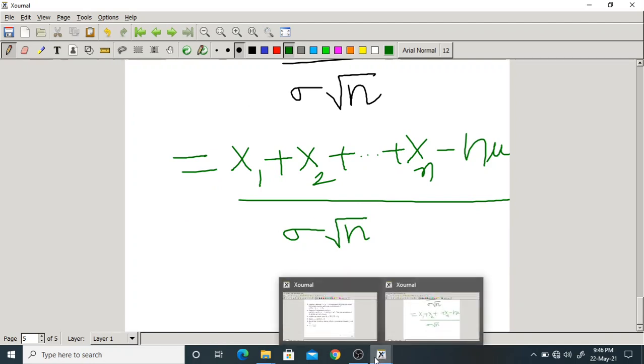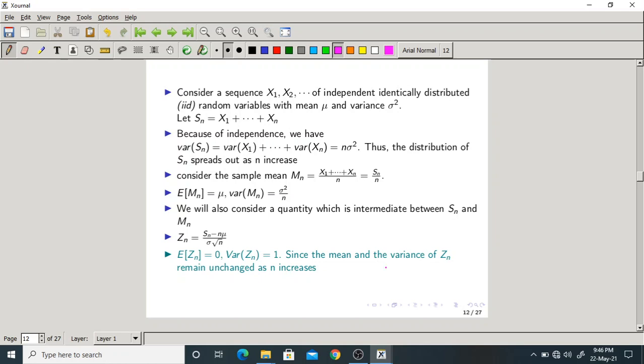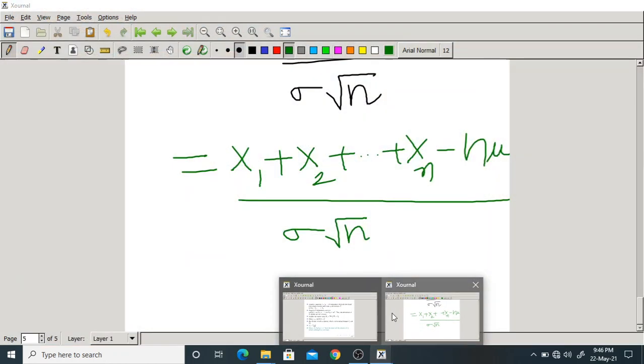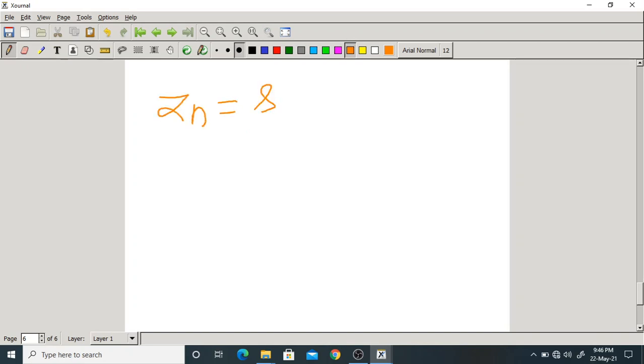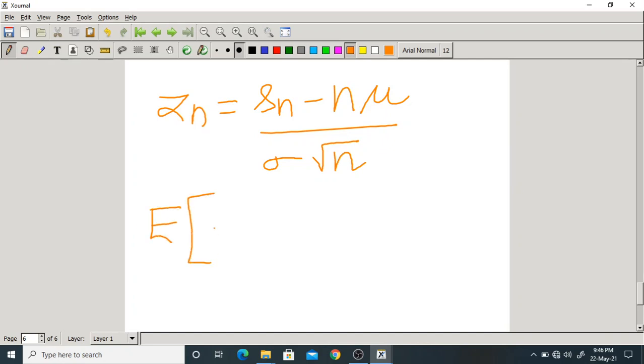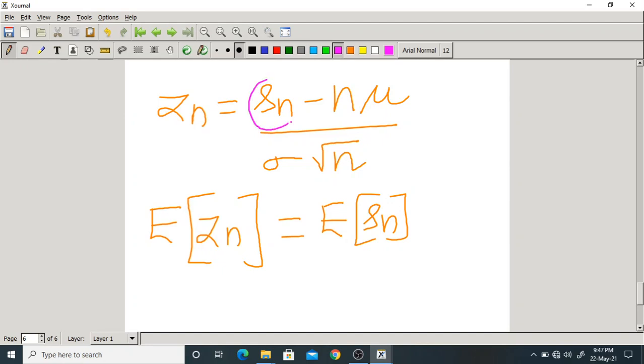Now, what is the importance of this quantity? Here, Zn is equal to Sn minus n mu, by sigma root n.